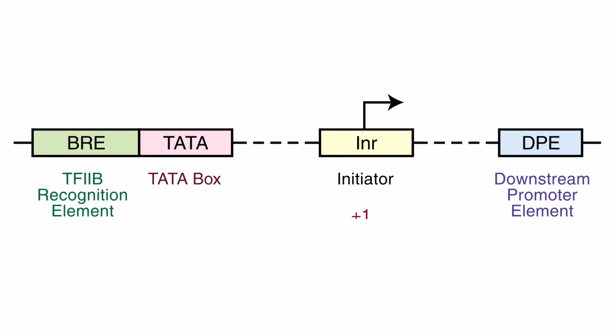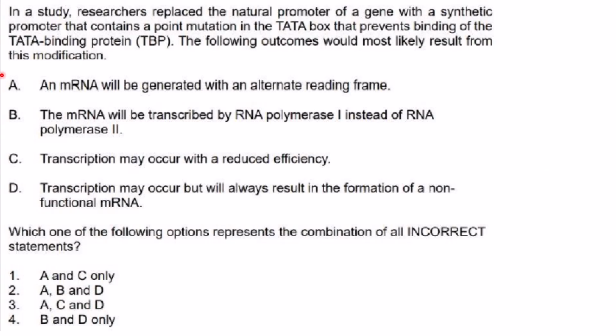Now we will see the options. An mRNA will be generated with an alternate reading frame. How is that possible? Because here the mutation is in the Tata box and it is preventing the binding of Tata binding proteins. The reading frame is not affected.